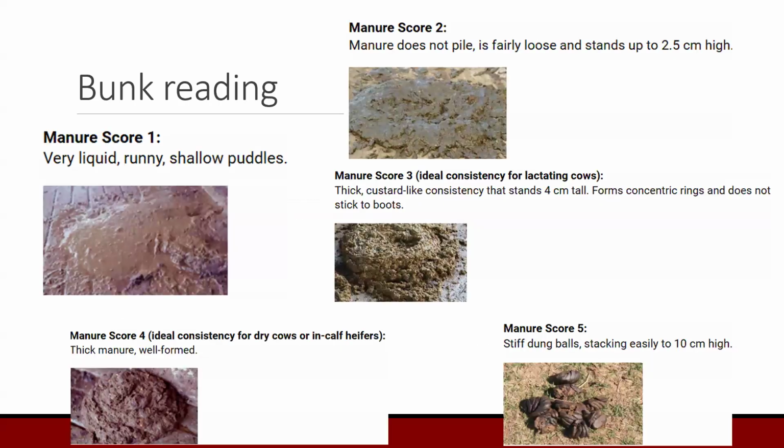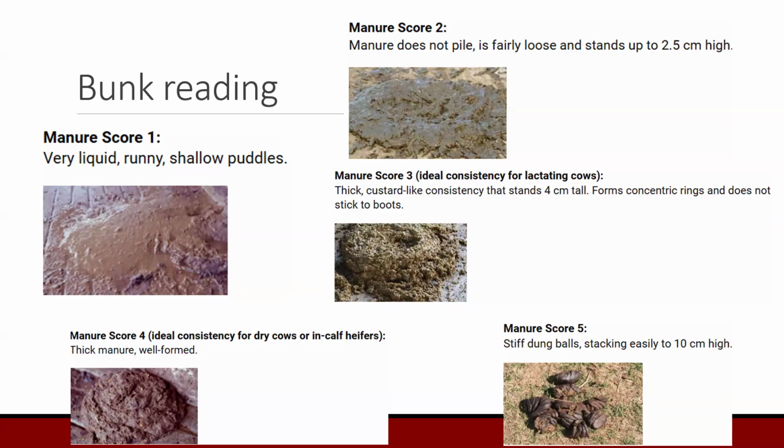Okay, so good morning. Here's some pictures of feces. Manure score of 1, very liquidy, runny, shallow puddles. As soon as it hits the surface, it kind of goes out like a lake. Manure score of 2, manure does not pile really high, and it will spread out some, but it will stand by itself up to about 2.5 centimeters high.